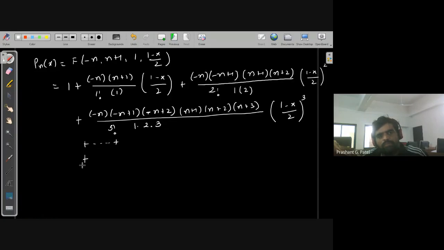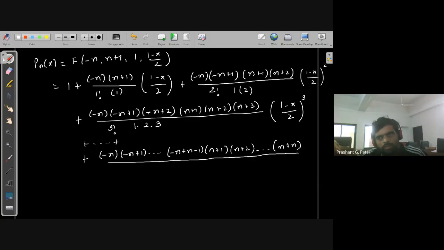The last term you will have is (minus n)(minus n plus 1) up to (minus n plus n minus 1), (n plus 1)(n plus 2) up to (n plus n) upon n factorial into 1 into 2 up to n into (1 minus x by 2) raised to n.